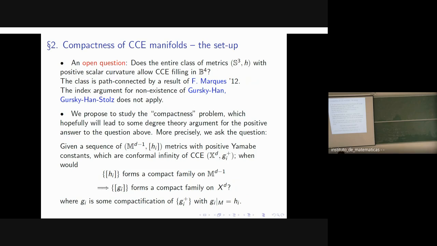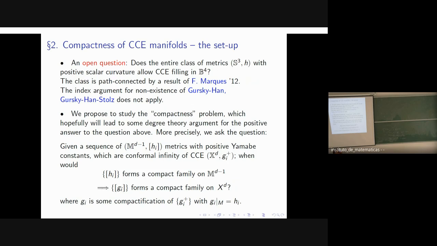So in today's talk, I will mention the compactness problem. Given an h, we know that the interior may not be unique. But on the other hand, we can ask: if you have a family of metrics h_i on the boundary which are compact, and you have extensions inside, is that extension inside also compact?